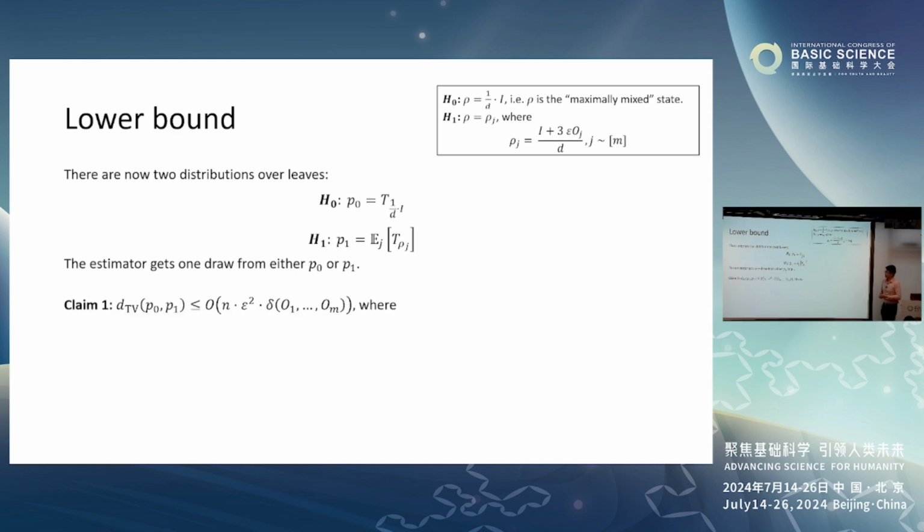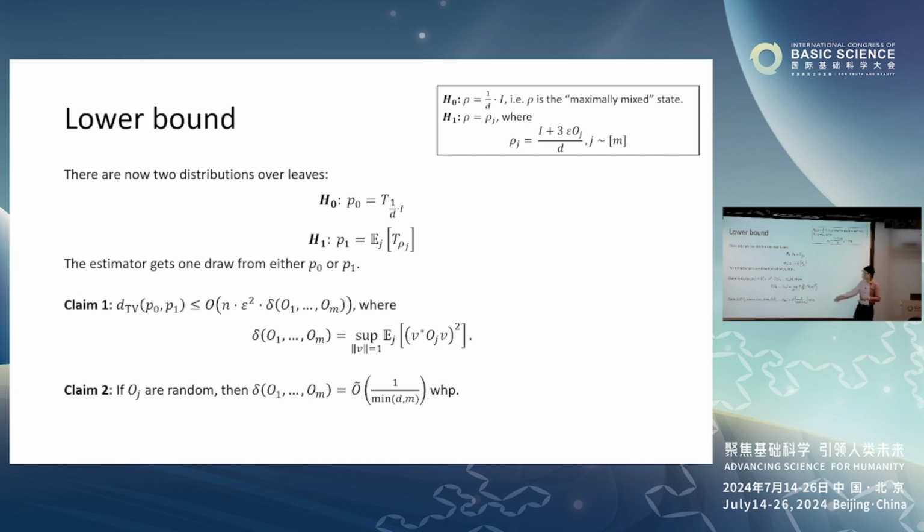We will show the lower bound by the following two claims. The first is that the total variation distance between these two distributions is at most N times epsilon squared times delta, where delta is this sort of nasty quantity. It measures a sort of worst case variance of the quadratic form along any direction. The second claim is that if I just take the O sub j's to be random, then this quantity delta is very small.